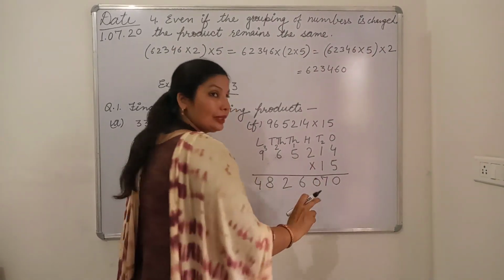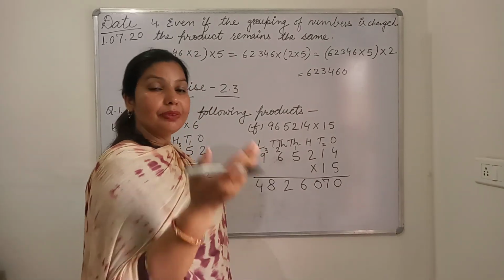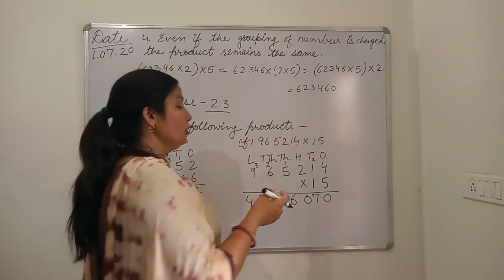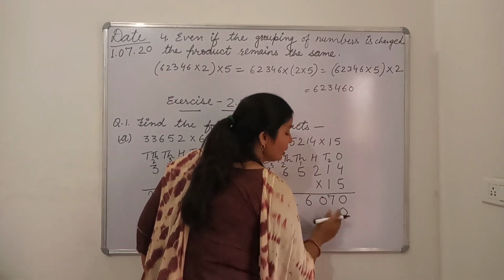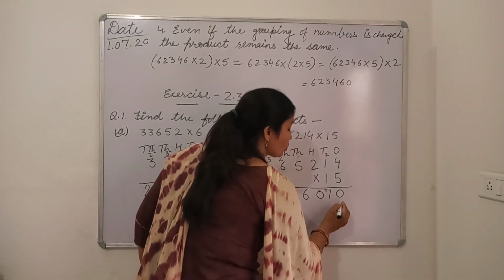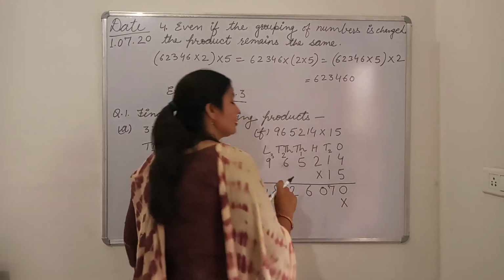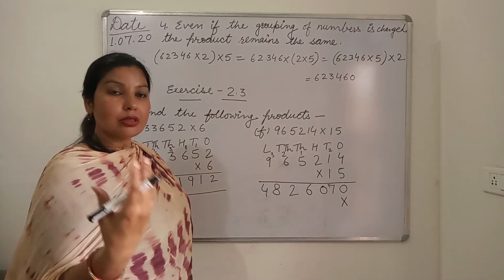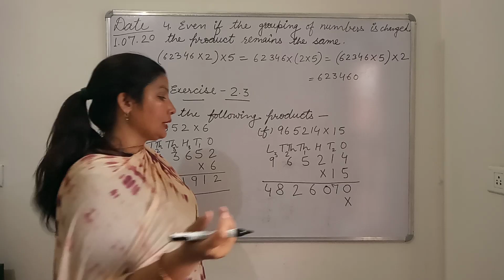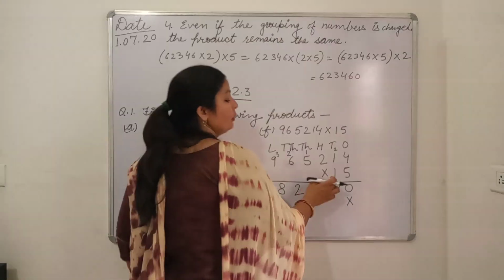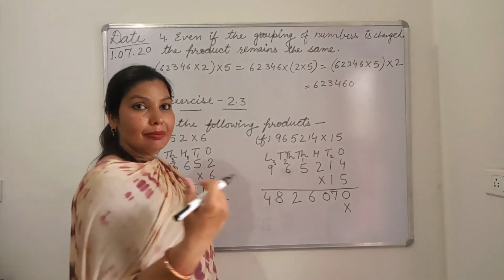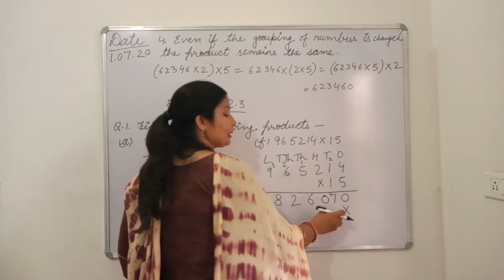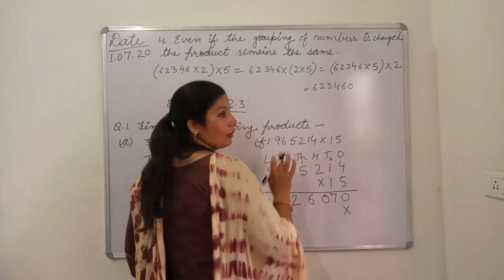In 10 we have 0 in the ones column, so here we can make 0 in the ones column, otherwise we can make a cross. A cross means nothing and 0 means nothing also. So as you wish, we can put it here. 1 tens means we are multiplying by 10, and when we multiply by 10, first make the ones column 0 and then we multiply by 1.